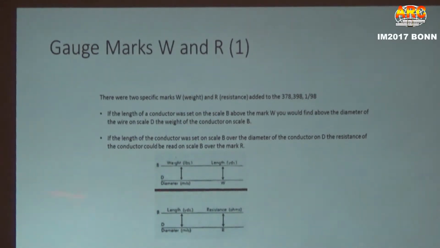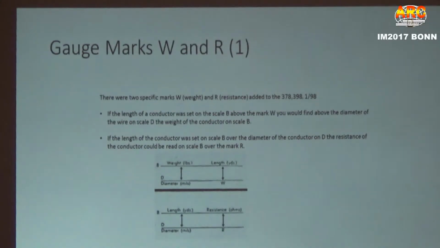And also, on the other one for R, if you put the length of the conductors on the B scale over the diameter D, you could read off the resistance of the conductor over the mark R. A couple of fairly useful gauge marks.